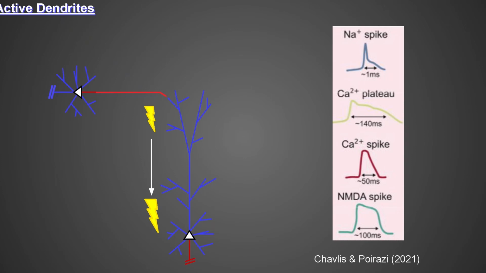So these are different types of spikes than action potential spikes. But what these do is they allow you to not just filter the signal down as it travels, but it can actually also be upregulated and boosted. So these are just other computations that neurons are doing with their dendrites. And this is what is called nowadays active dendritic properties.